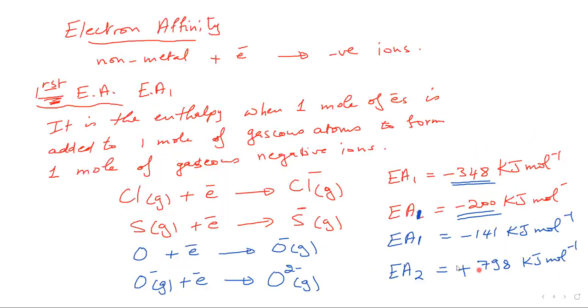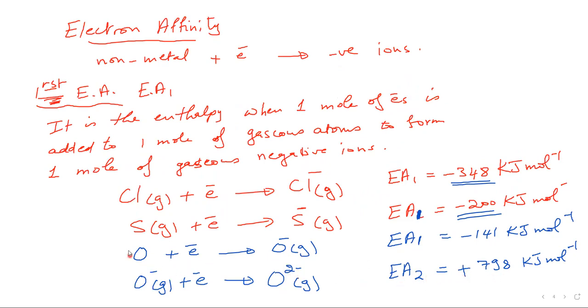When I said here for oxygen, we said that oxygen would like to form 2 negative charges. So it forms the first charge by the first electron affinity, and it forms the second charge, it gains the second electron and forms oxide ion, by the second electron affinity.